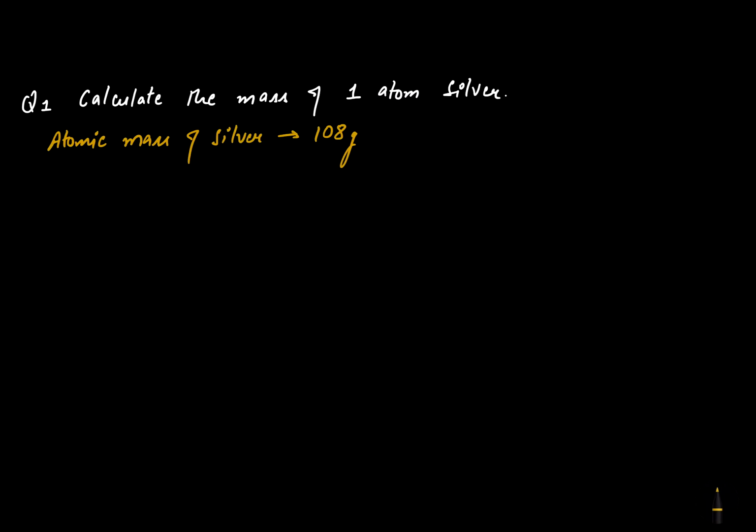The 108 grams, that is atomic mass of silver, stands for, my dear, 1 mole. And in 1 mole, I know that 6.022 into 10 raised to power 23 atoms are there.